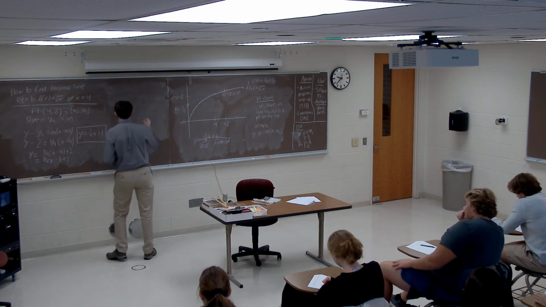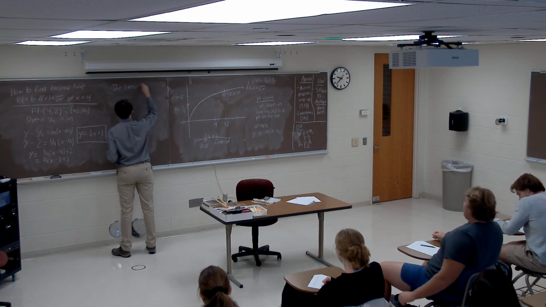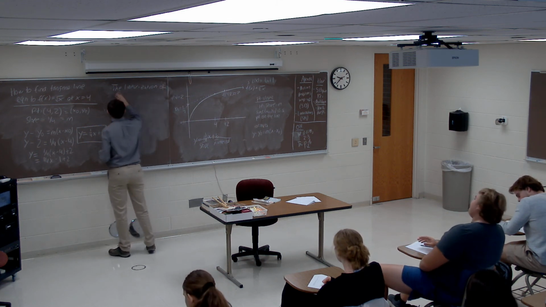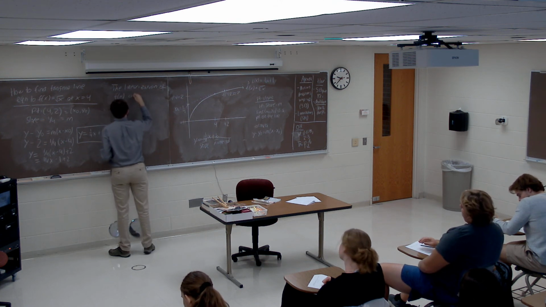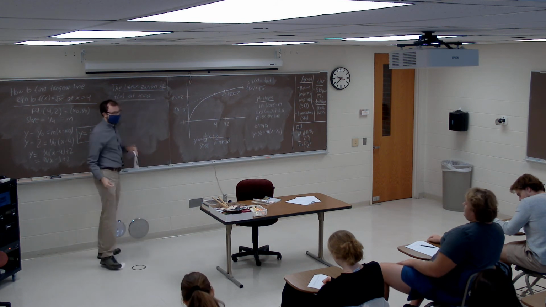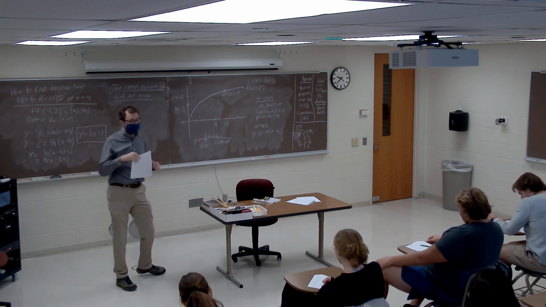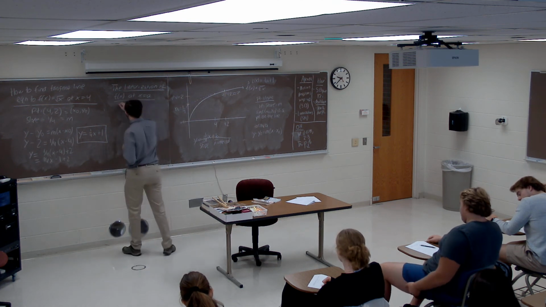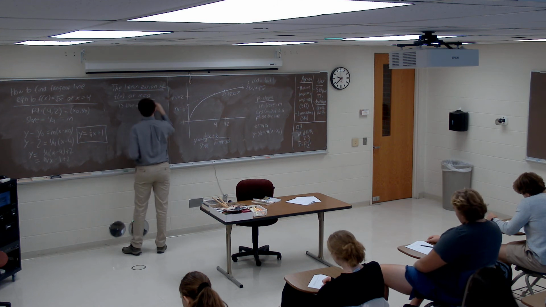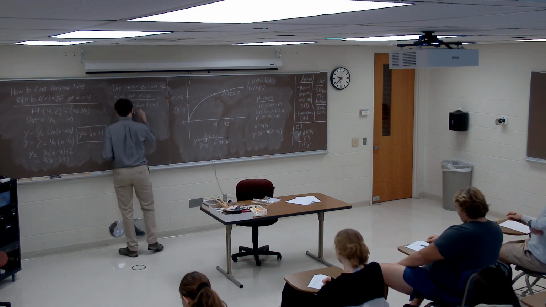The linearization of f of x at x equals a is basically just going to be the function that gives us the tangent line to f of x at that point. Is the function L of x defining the tangent line at x equals a.